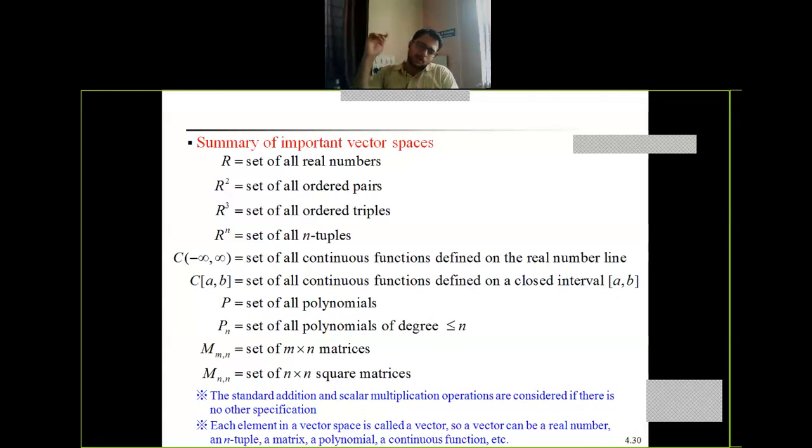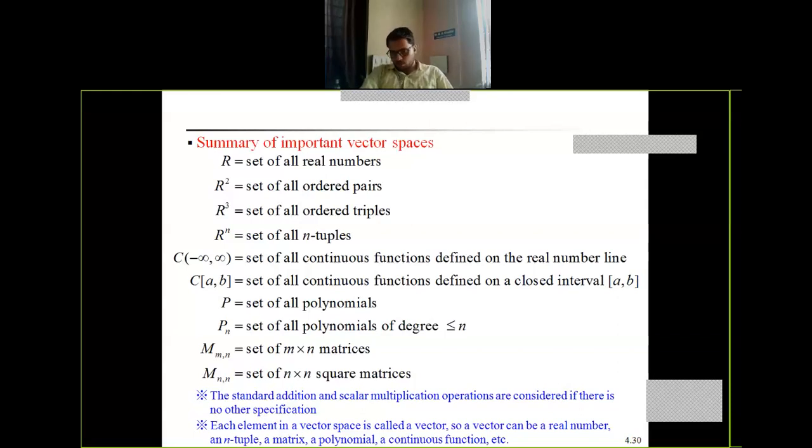While solving examples, we will come across more such cases, where under addition and scalar multiplication, if we perform those operations on a given set and find that any one of the operations is not satisfied, or any one of the 10 axioms is not satisfied, then we will say that the given space is not a vector space.